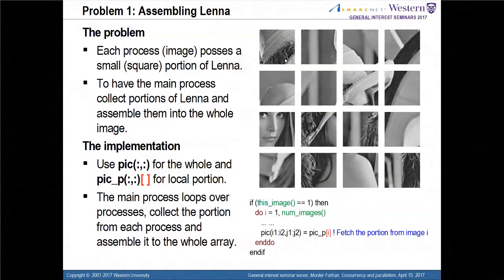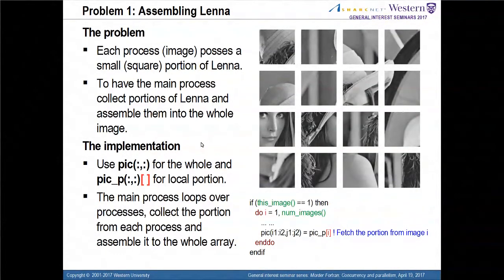And we want to have each process hold a piece of the image and do some work on it. And then in the end, we want the main process to collect all the pieces and put them all together into the whole image.